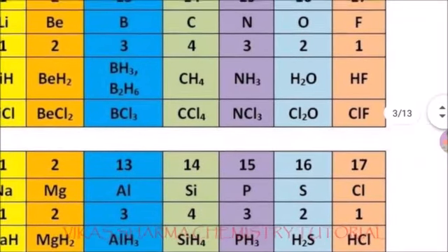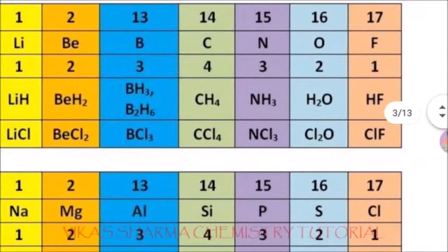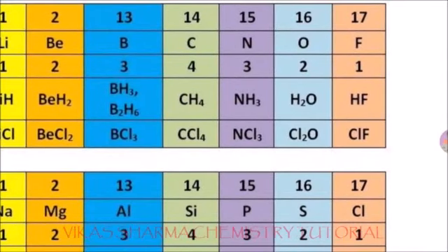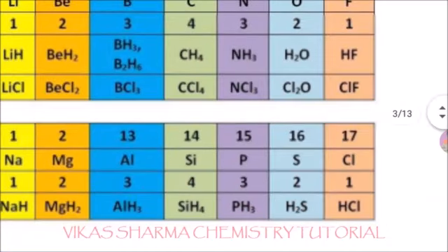And if we talk about the halogens, fluorine's valency is 1 and it forms hydrogen fluoride and chlorine fluoride, the same pattern. Chlorine, another member, follows the same rules; its hydride is HCl.